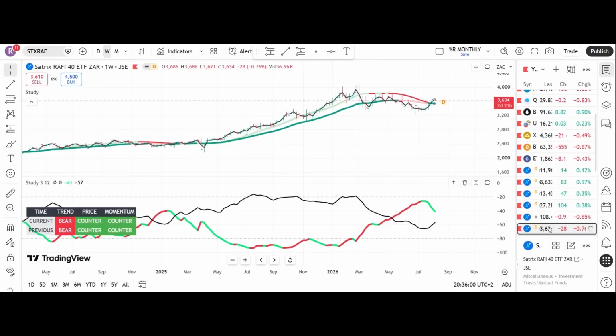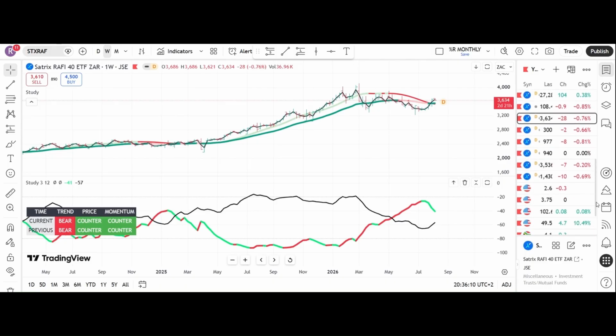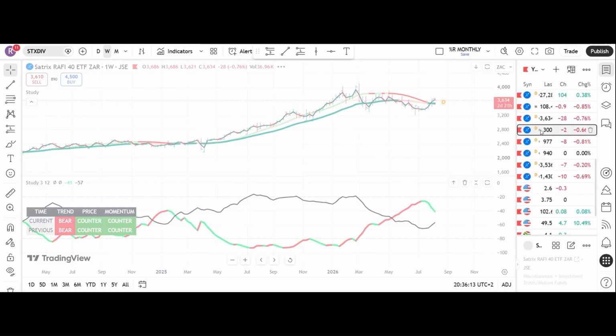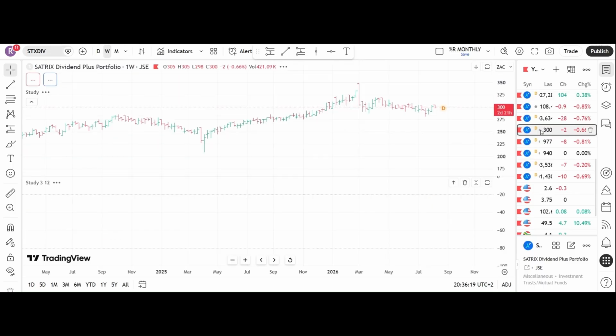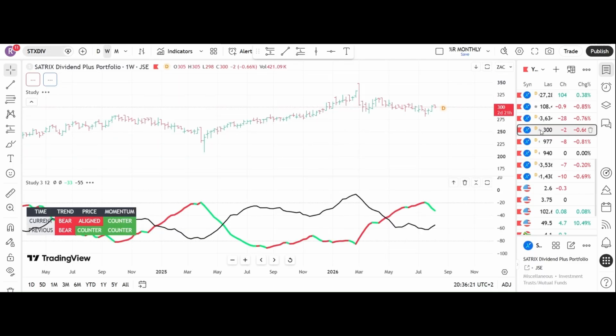The RAFI, a similar picture, a bearish trend, but a counter trend in price and momentum. The Satrix Dividend Fund, here the picture is slightly different.